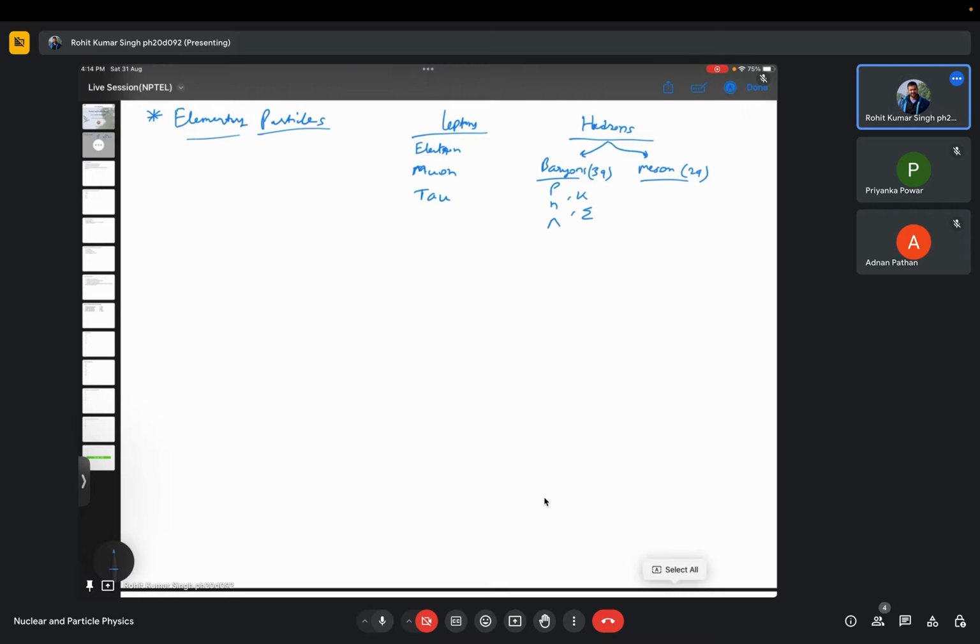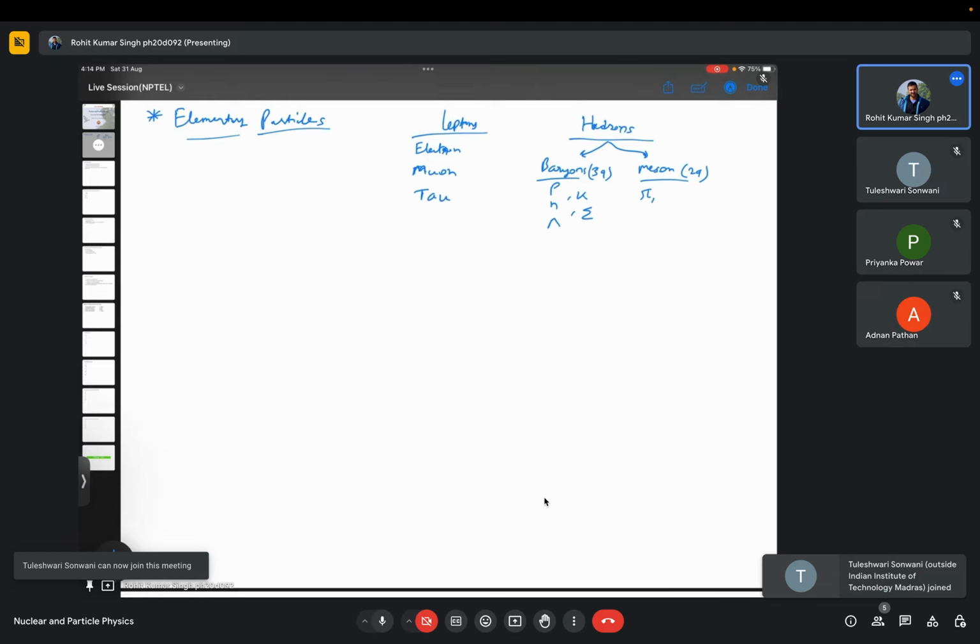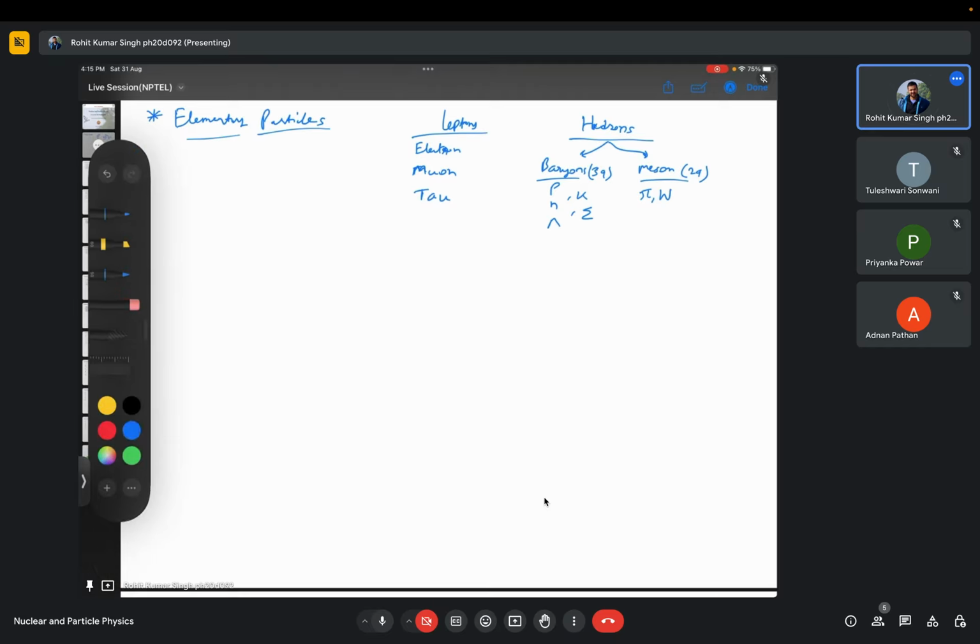In mesons you have pi. Kaon is a meson. Among baryons we have proton, neutron, lambda, sigma, and then there is one called cascade.